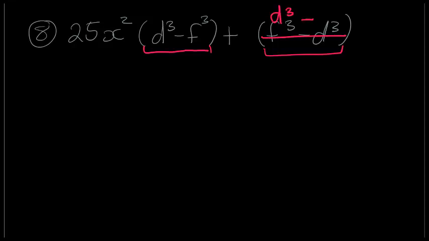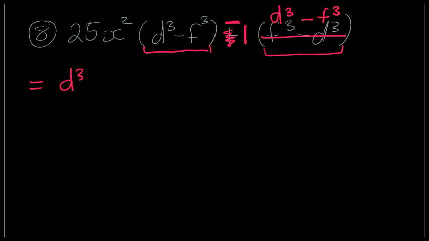So I can say d³ − f³, but I have to change the sign on the outside. If I change the sign on the outside, then I can change the sign on the inside, and that all works out fine. Remember the unspoken one that is on the outside of the bracket. And now that I've got identical common factors, I can remove the common factor.